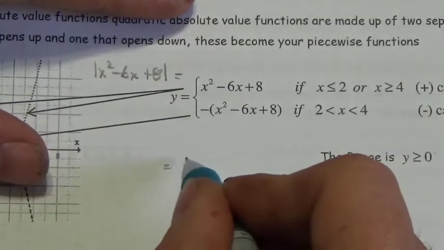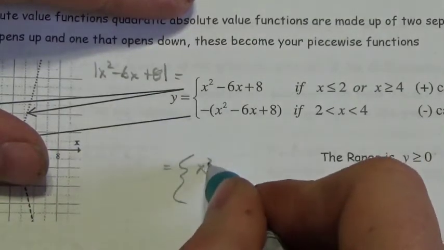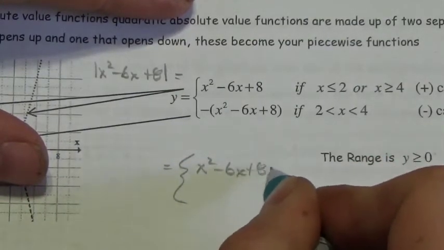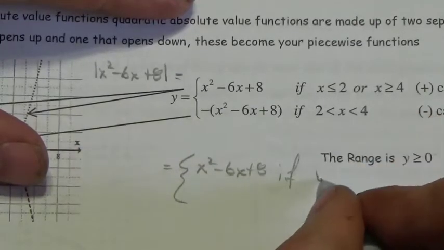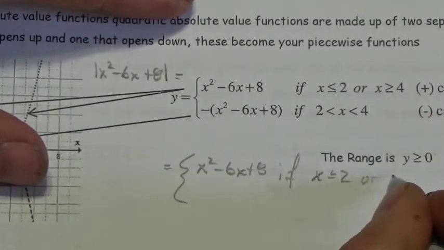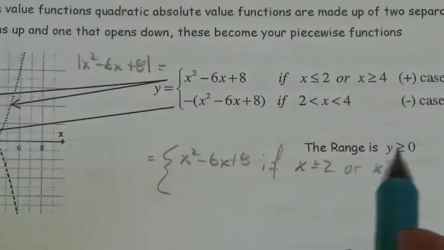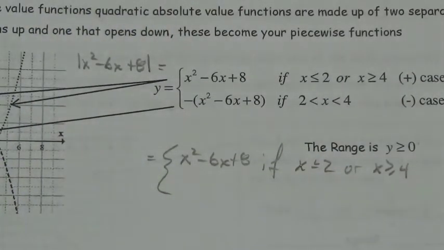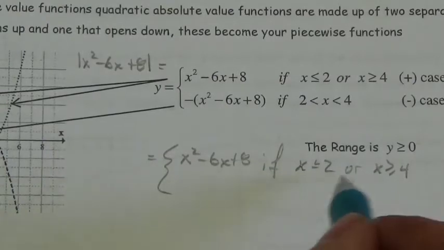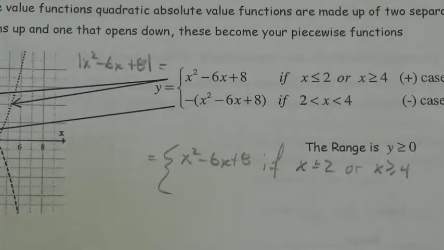And so now, writing that out, it would be x squared minus 6x plus 8 if x is less than or equal to 2, or x is greater than or equal to 4. Now, don't write the word and there. You may have already seen this in a previous math course. Maybe you didn't, or maybe you just don't remember it. But the words and and or actually have very specific meanings in math.